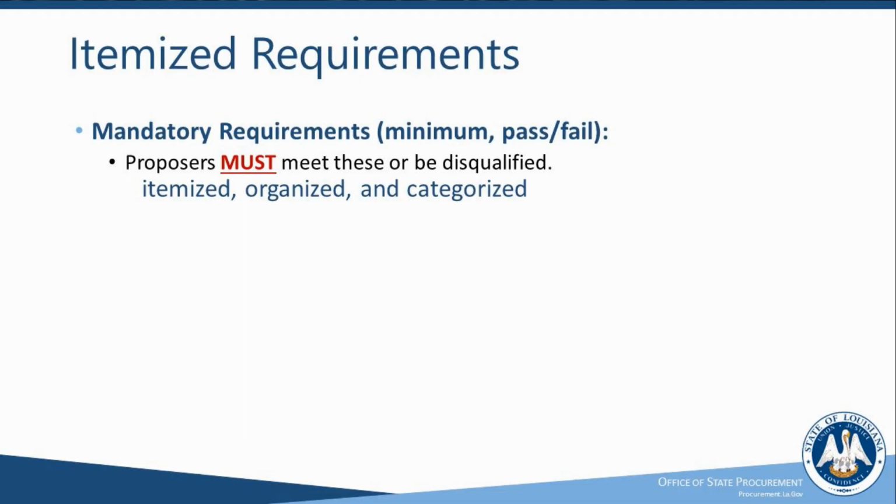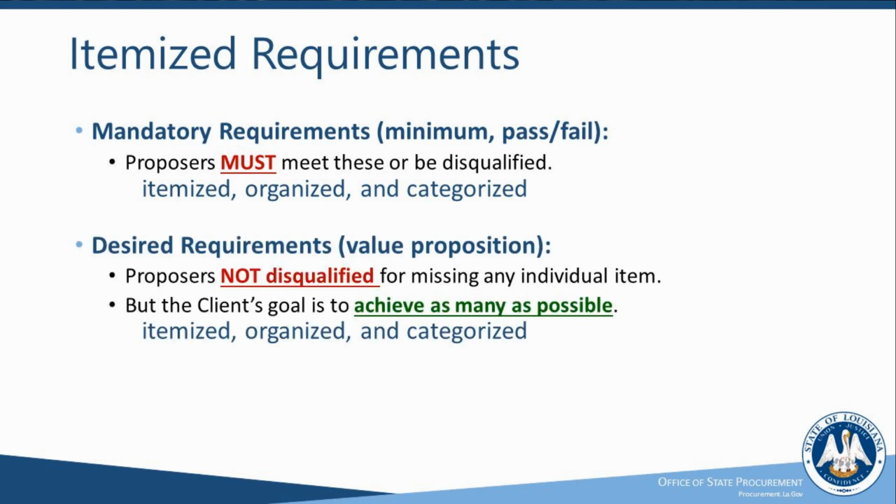The key point for your itemized requirements is this: be sure to differentiate between mandatory and desired requirements. Mandatory requirements are must-haves. If a proposer misses any individual one of these requirements, then they are eliminated from consideration. So these are the things that you cannot live without.